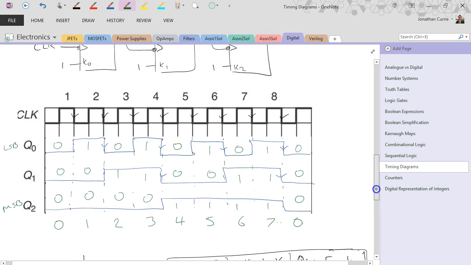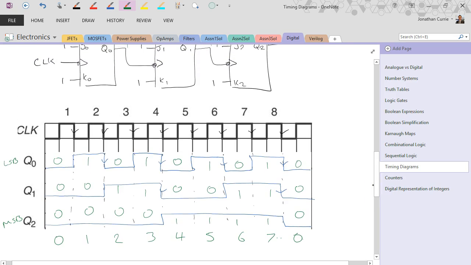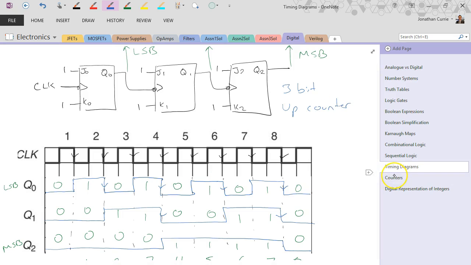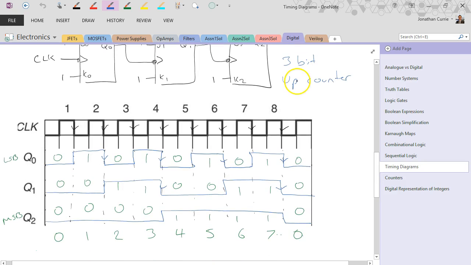So what you see is that this particular circuit, which is simply 3 JK flip-flops set up to continuously toggle, has become a 3-bit up counter, which is quite a nice exercise that we go through in the next video of how you would actually put these together. So, a 3-bit up counter using only JK flip-flops.